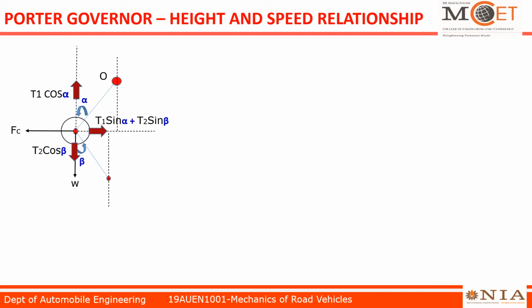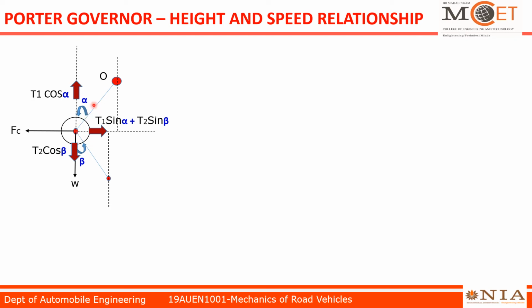Now we are about to analyze the forces acting on the fly ball. First force acting on the fly ball is centrifugal force, which is in left hand direction, that is outward direction of the spindle, marked as Fc. Self weight of the ball will be in downward direction, that is small w. Upper arm has T1 tension, lower arm has T2 tension.